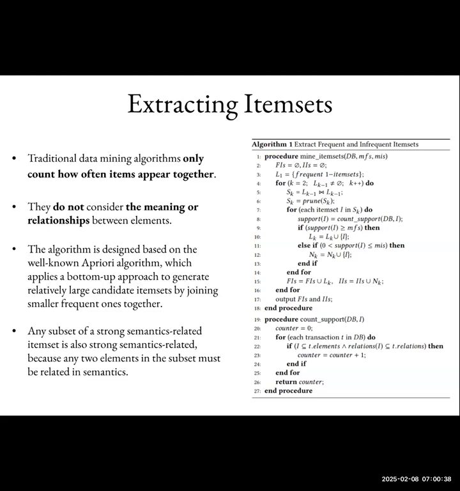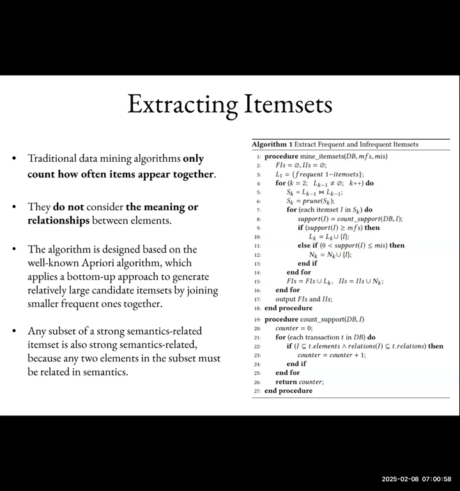So how does the algorithm work? The algorithm takes two inputs: one is the minimum frequency support, and the second is the maximum infrequency support. Minimum frequency support is how often an item set must appear to be considered frequent.